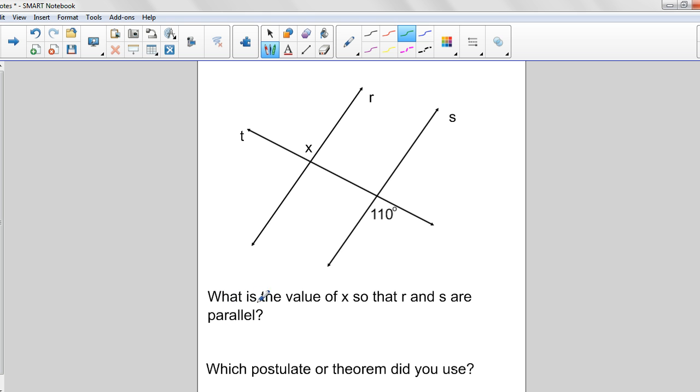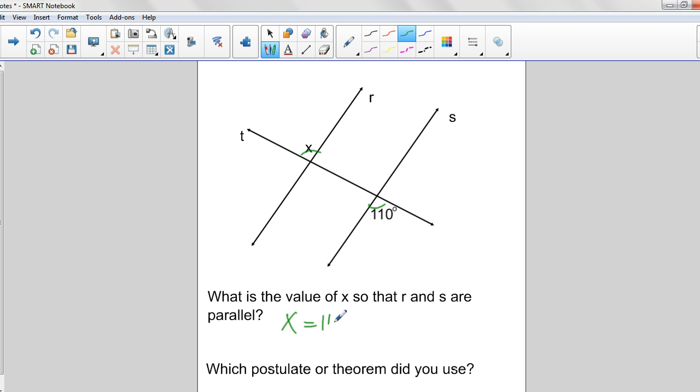Here's another example. What is the value of x so that R and S are parallel? Well, the only way R and S can be parallel is if these angles are congruent. What kind of angles are they? Alternate interior, alternate exterior, corresponding, or consecutive interior? Hopefully you're realizing that these are alternate exterior. So alternate exterior angles need to be congruent.